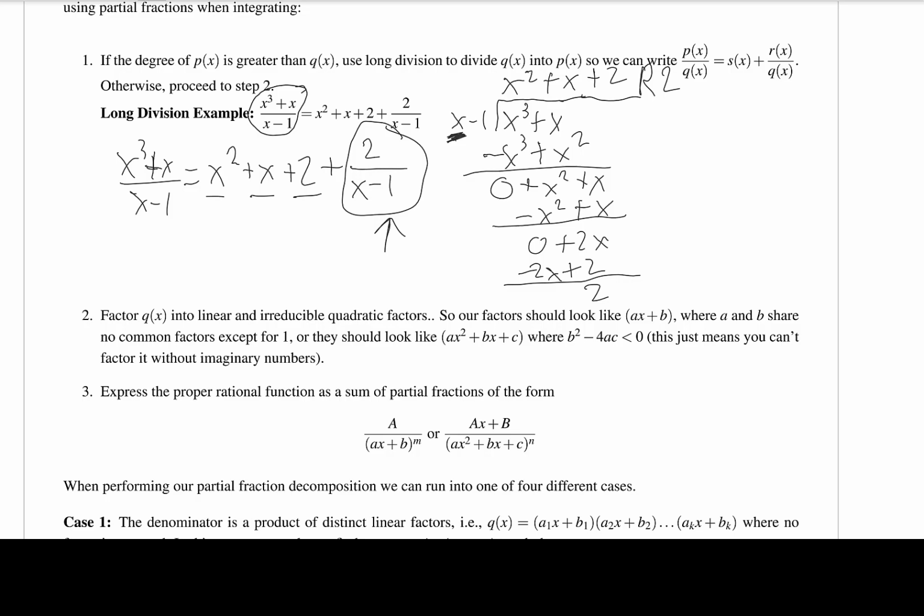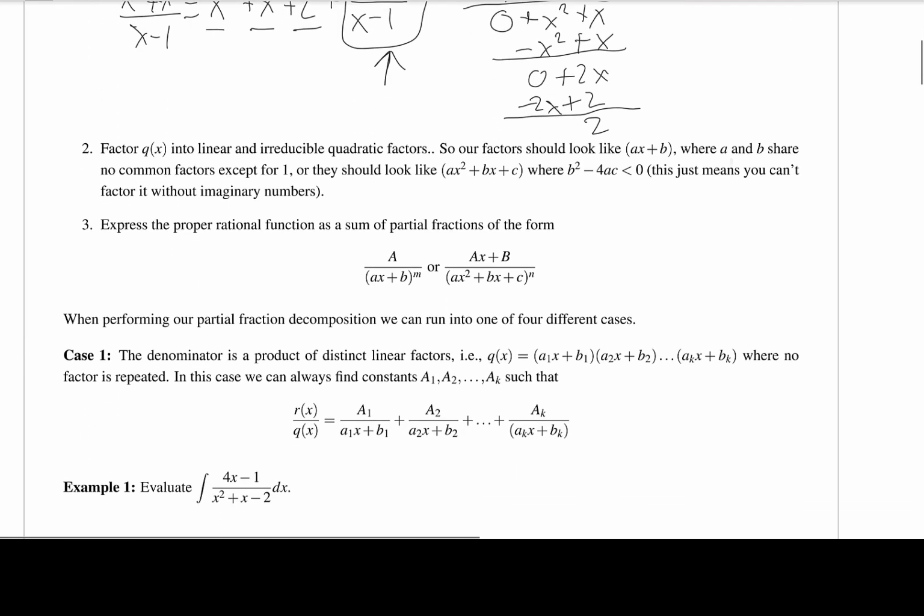Remember, this is just long division. We haven't actually done the partial fractions method yet. But now I've gotten something where the degree up top is 0 and this has a degree of 1. So now we're allowed to use the integration by partial fractions. So let's see what this looks like.